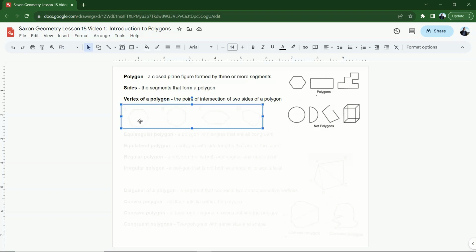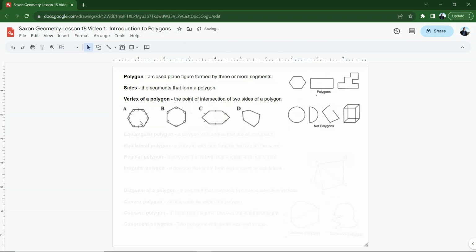All right, now let's take a look at some specific examples of polygons here. Notice that we use these line markers and angle markers to show where we have congruent sides. So these little tick marks on the side show where there are congruent sides. And these angle markers show where there are congruent angles.